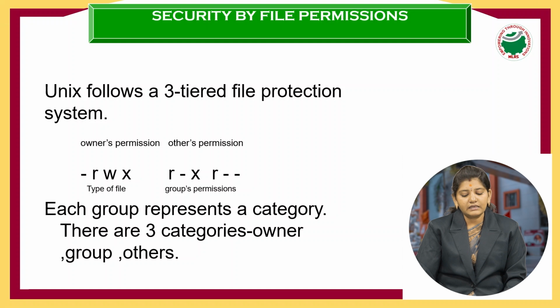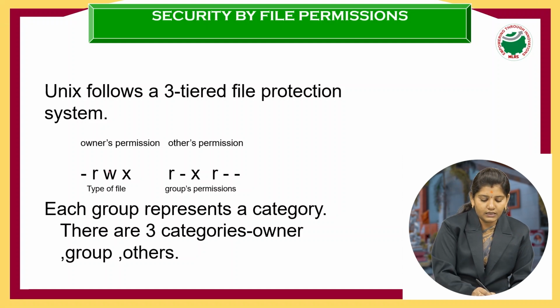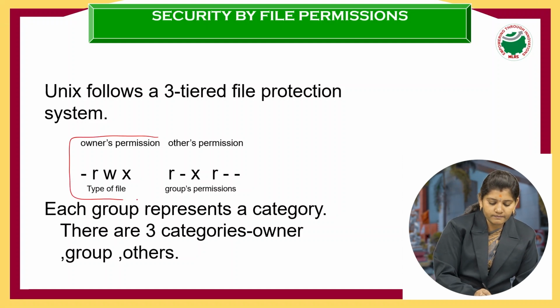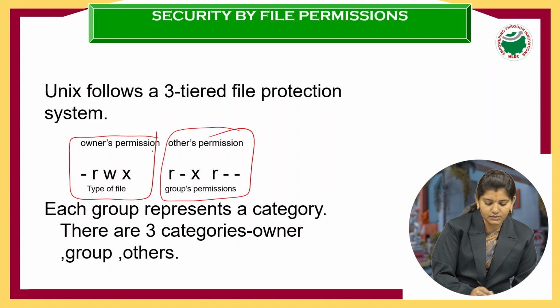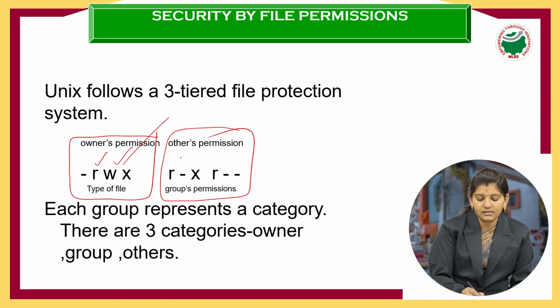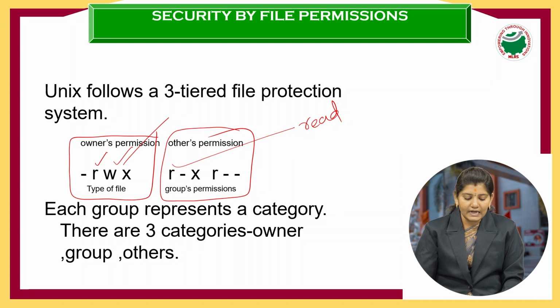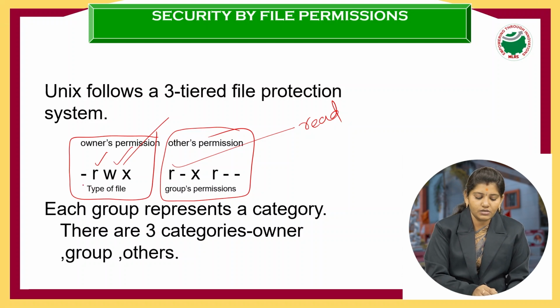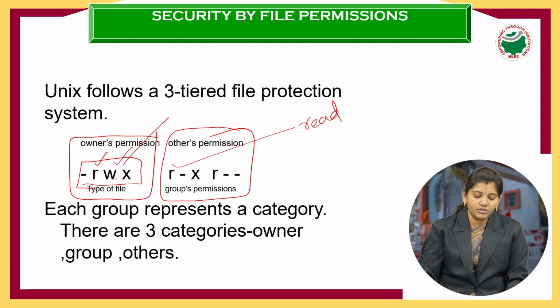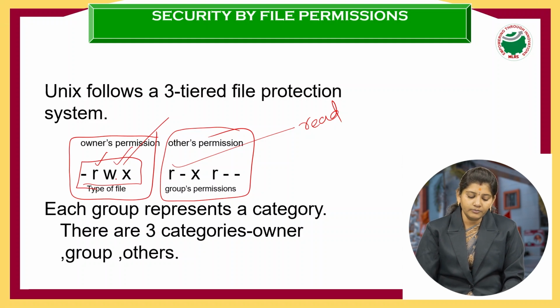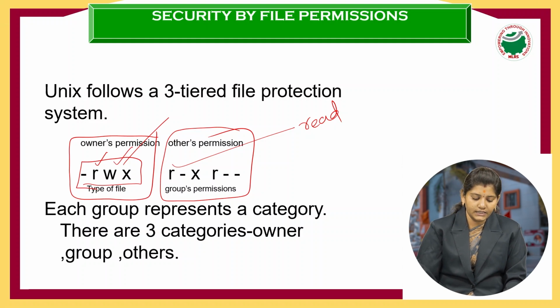Unix follows a three-tier file protection, like the owner's permissions and the others' permissions. Here we have access to the read and write commands, and here we have read-only access, so we cannot modify or add data. Here we have write permission also, so that we can add data.